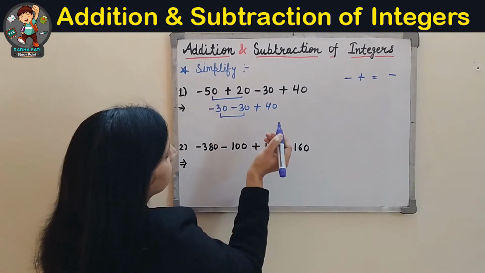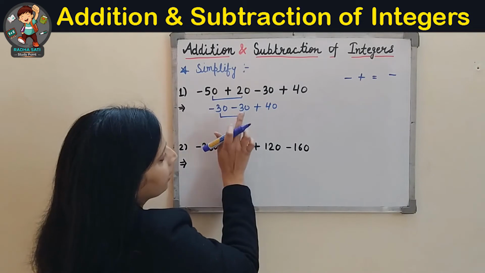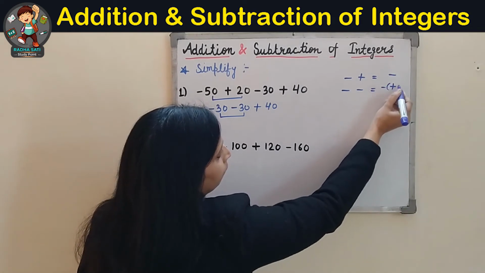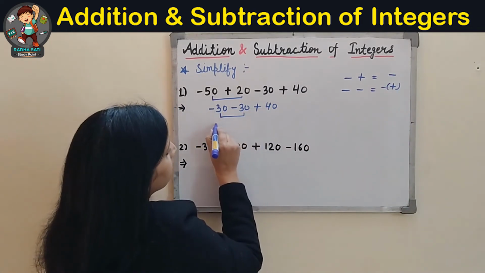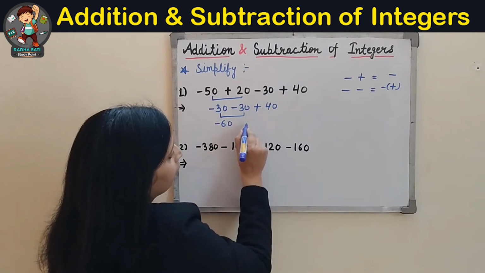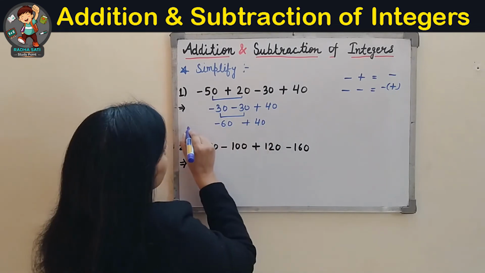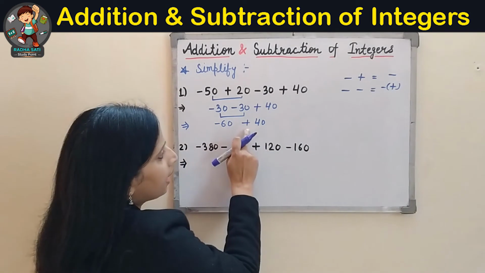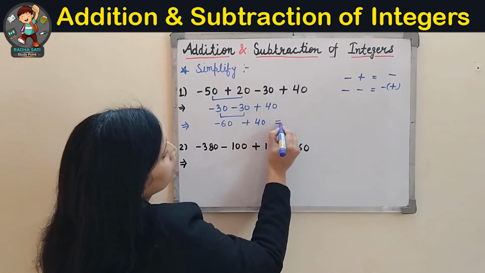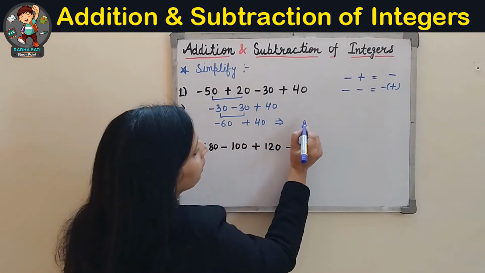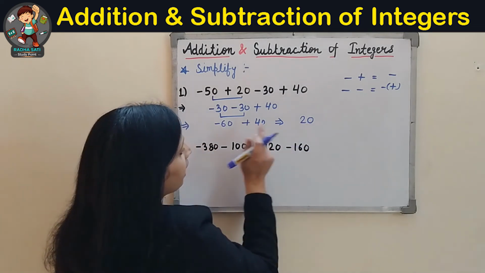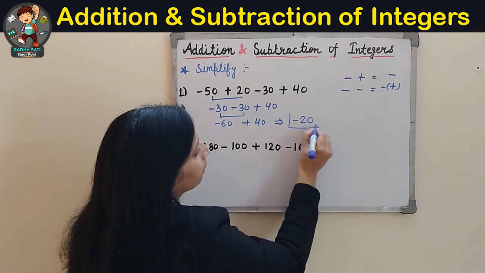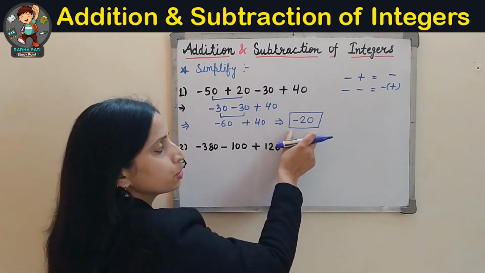Now solve these two. Minus 30 and minus 30. Minus minus plus. And the sign will be of minus. So 30 plus 30, 60. That means minus 60 and 40 will be as it is. So now it is minus 60, it is plus 40. Minus plus minus. So 60 minus 40, 20 will come. And the sign of 60, because 60 is a greater number, minus will come. So answer will be minus 20.